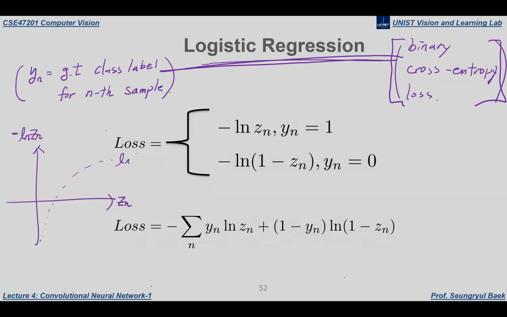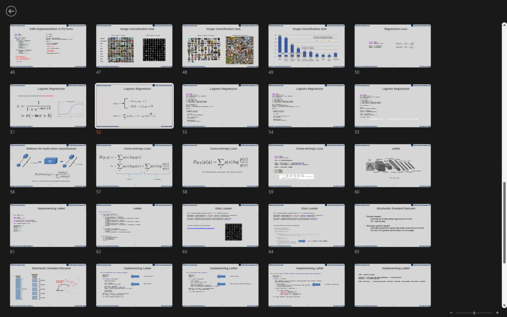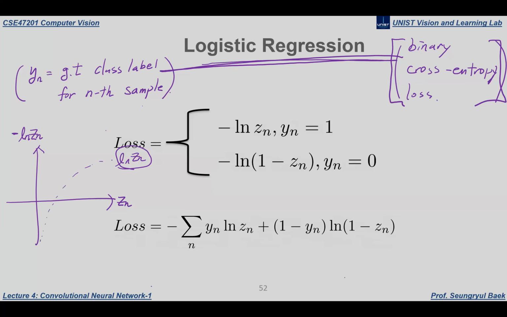So this is the ln gn function. Maybe in high school you learned about the graphs for this log function. They look like this, and here is 1, 0. When you input 1 to the log function, then the output becomes always 0. This is high school math, actually. And this is the minus ln gn function.